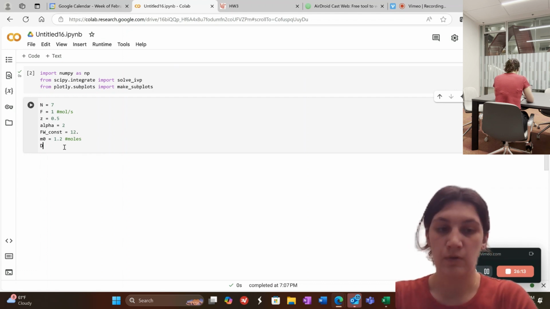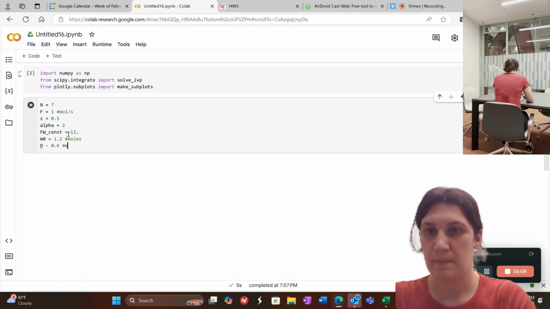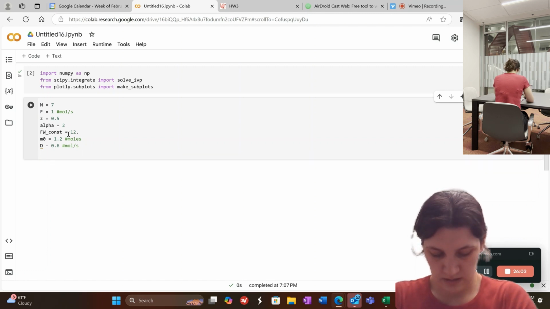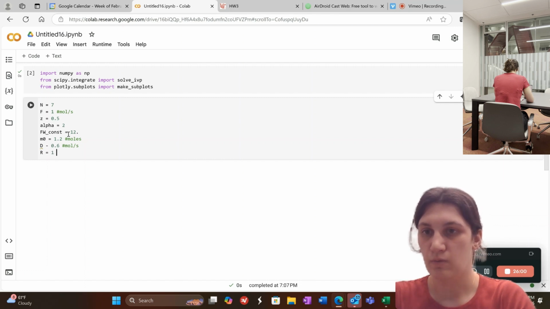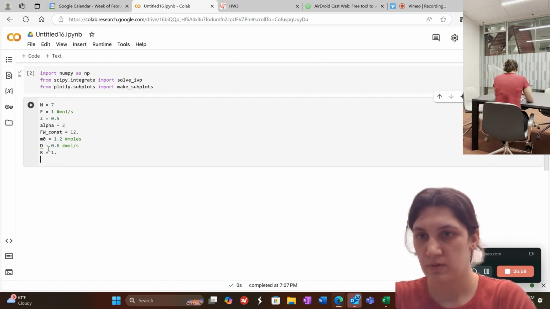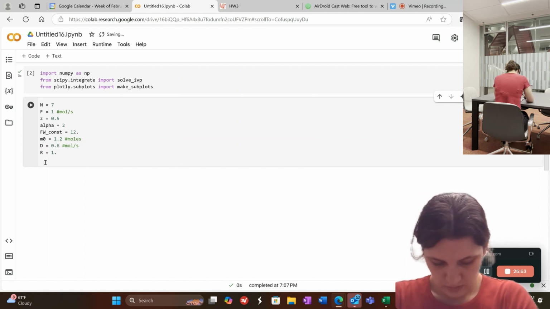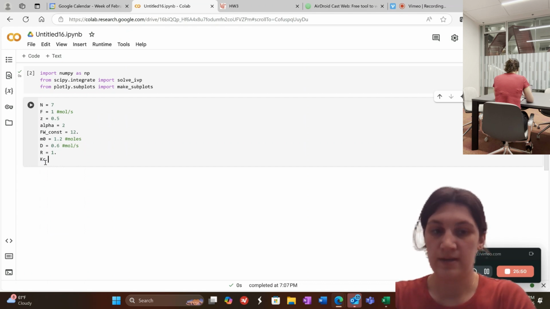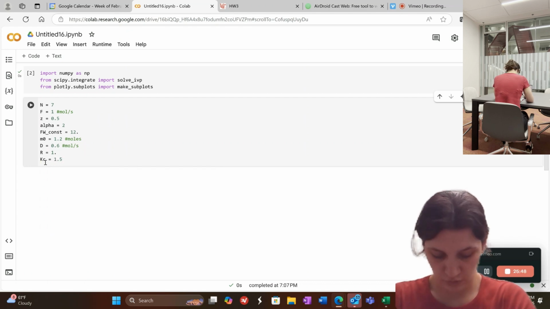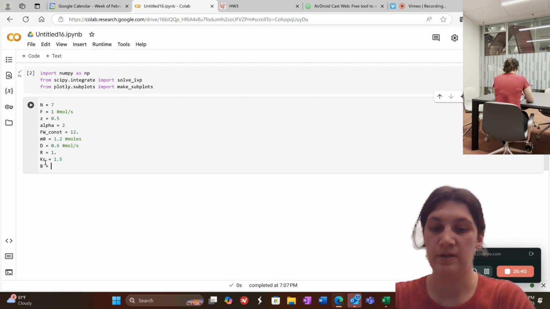We have a distillate flow rate of 0.6 moles per second and a reflux ratio of 1. And then we have a Kc for our controller at 1.5. It tells us that our bottom flow is F minus D.